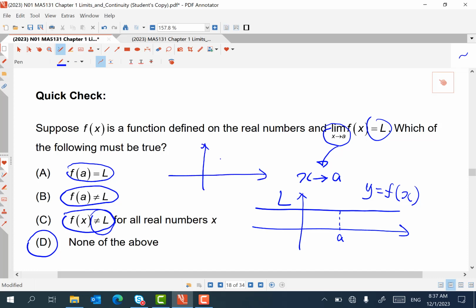For example, if you have this a and the graph is like that, and this is L, then in that sense f(x) can be L also. So you have to be very careful. While we say x is never a in this notation, that doesn't exclude the possibility that the function itself can be L, you know.